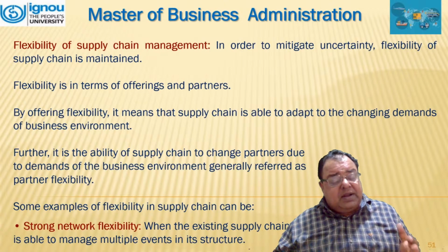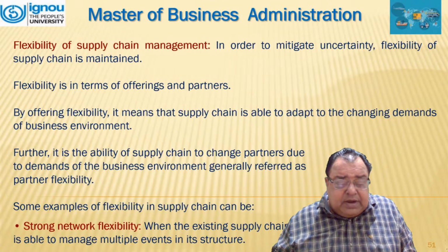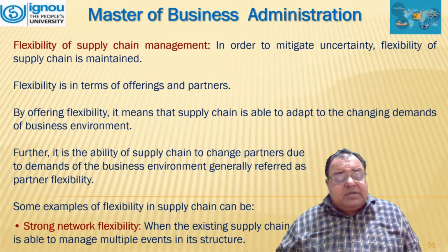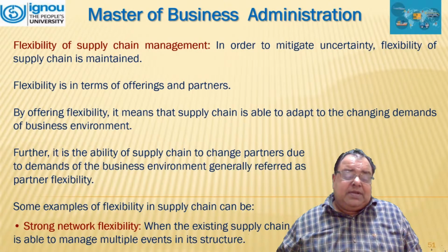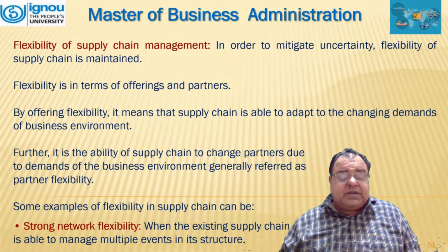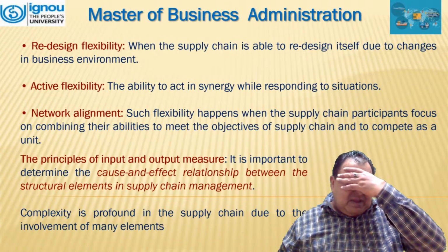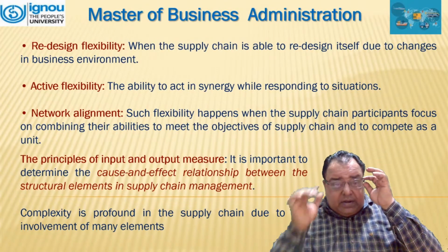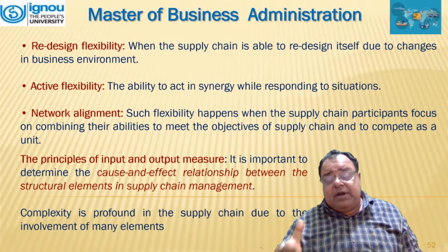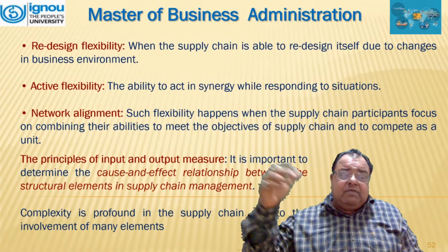Some examples of flexibility in supply chain are: strong network flexibility, when the existing supply chain is able to manage multiple events in its structure. Second is redesign flexibility, when the supply chain is able to redesign itself due to changes in the business environment.